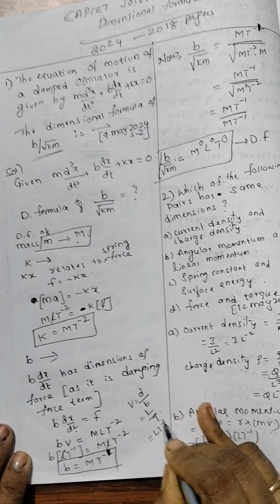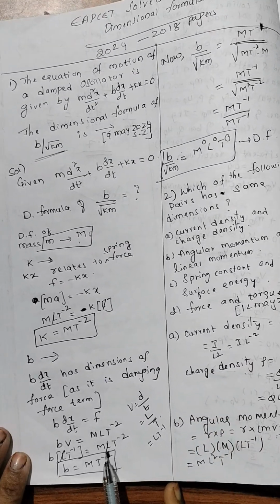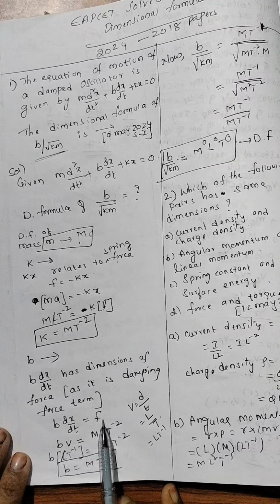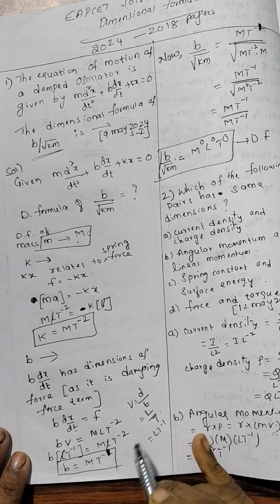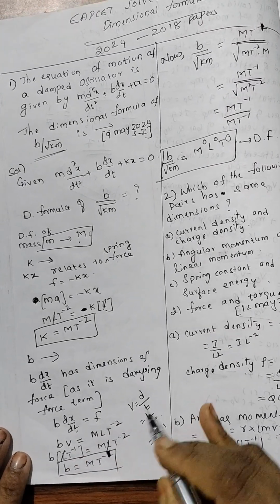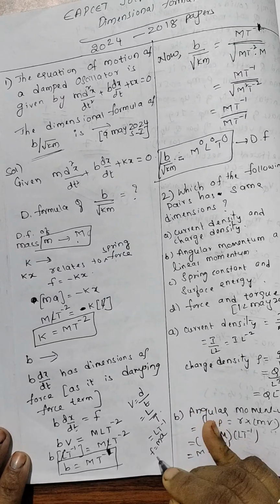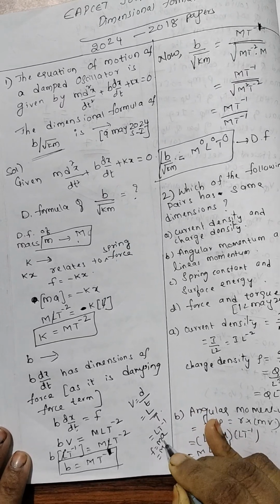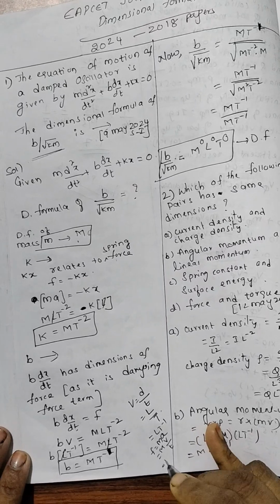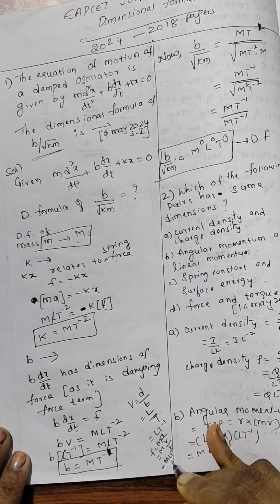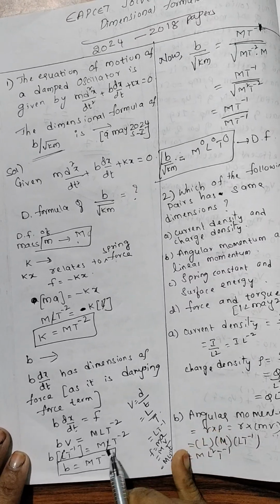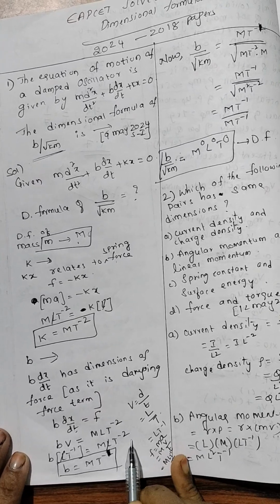This is equal to the force dimensional formula, MLT^-2. Force means mass into acceleration, that is velocity by time. So capital M, velocity LT^-1, and here we get another t, totally MLT^-2.